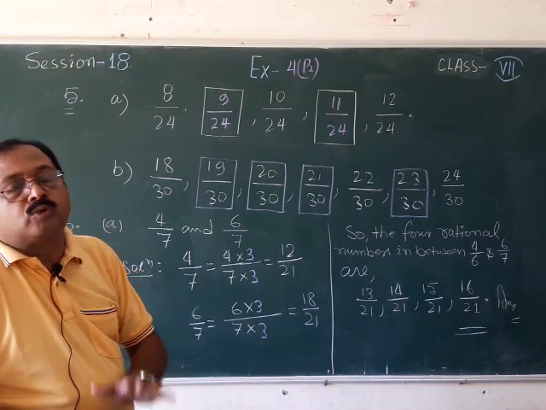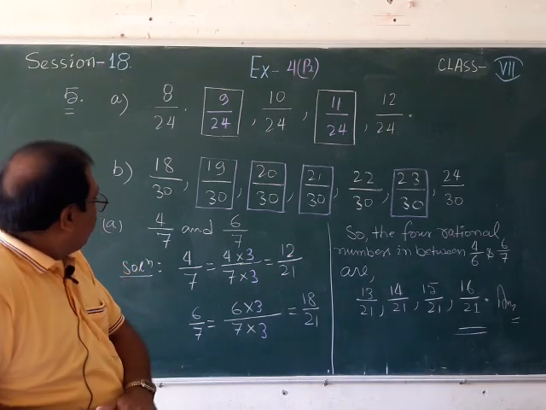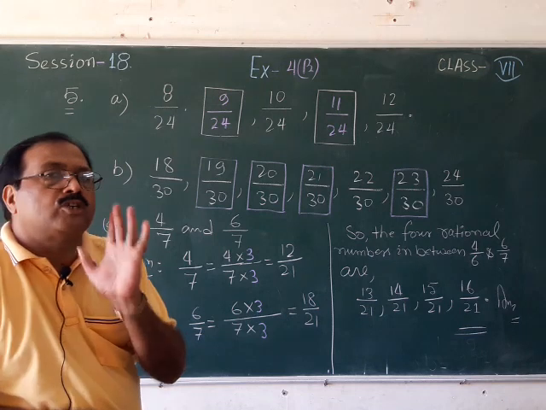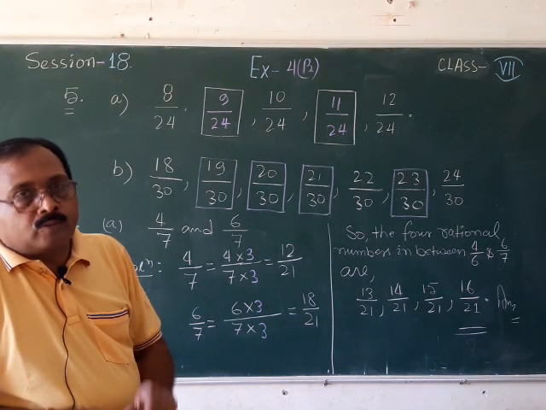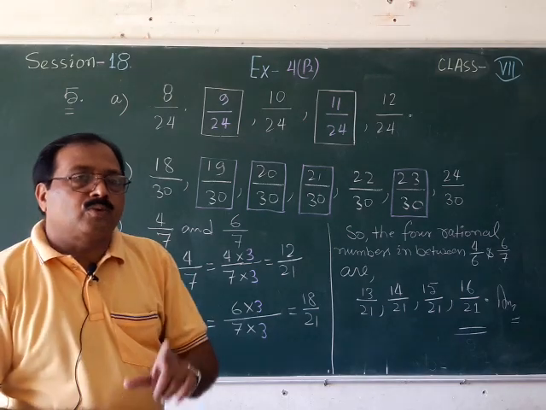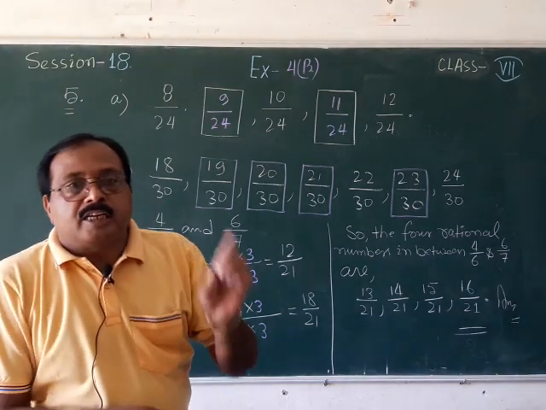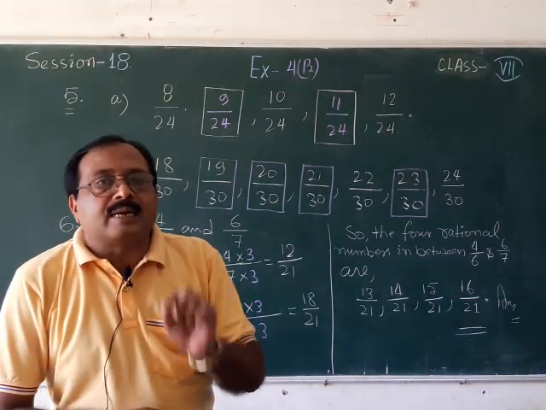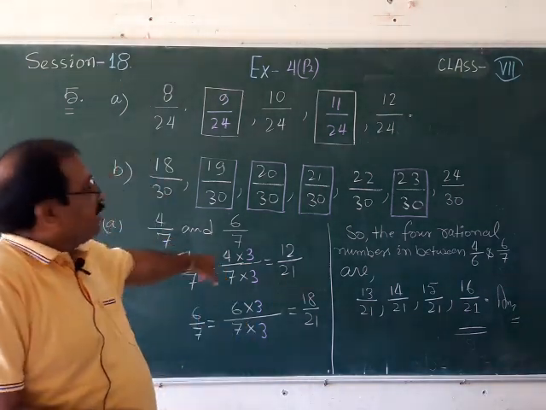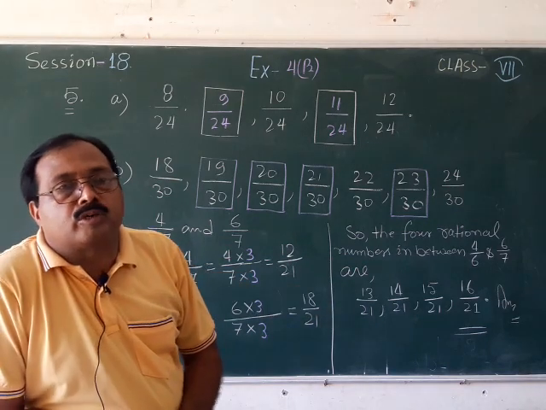If they have told you to write 10 rational numbers between 4/7 and 6/7, what can you do? You think yourself. Okay, 1 minute time I am giving. Just think, if in the question it was written that write any 10 rational numbers between 4/7 and 6/7, what can you do?